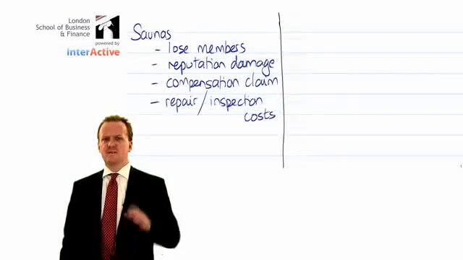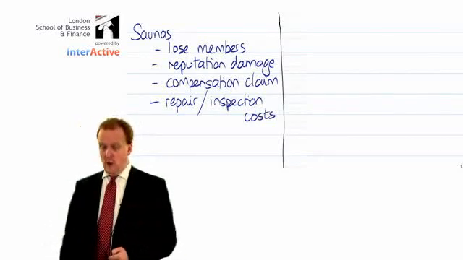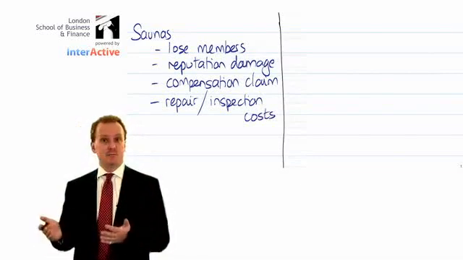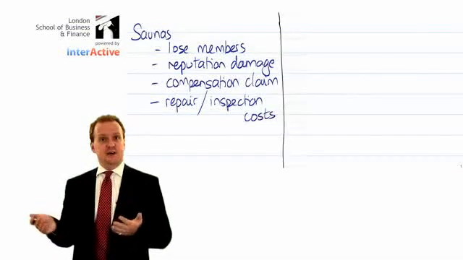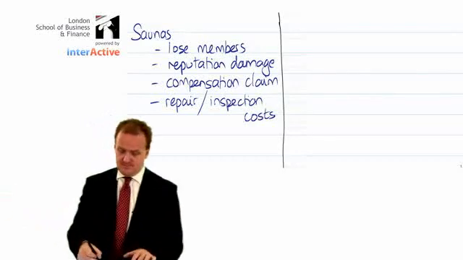But what about the risks of the accounts being wrong? Well, the compensation claim, if there is one, may not have been provided for, or if it's in its early stages, maybe it's a contingent liability that should be disclosed.